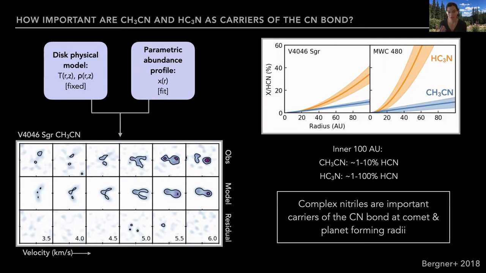So we find that these complex nitriles do seem to be important carriers of the CN bond at the radii in the disk where comets are forming. If we're interested in considering the total volatile reservoir in disks, this is also telling us that we need to consider the contribution of these larger molecules as well.